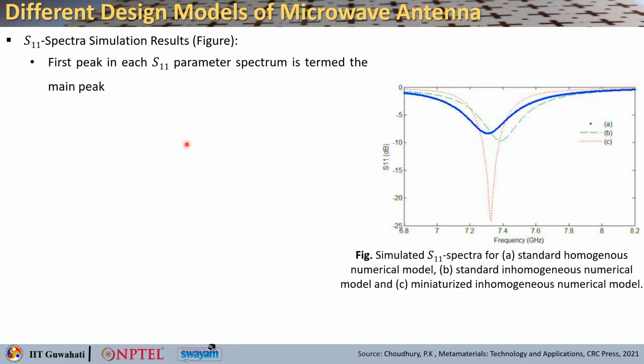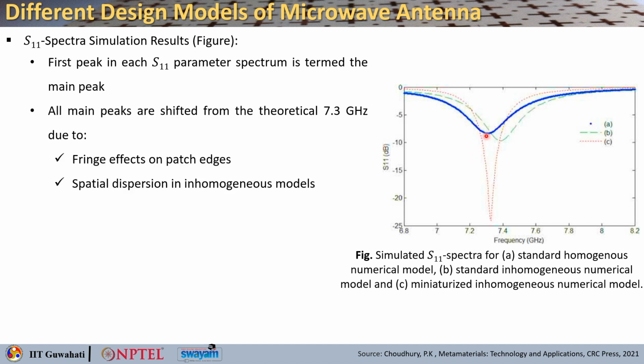What you see here is a peak, and throughout this study we are going to call any peak that appears first the main peak. As you can see, the first peak in the S11 spectrum of each of these numerical models is shifted from the theoretical peak of 7.3.